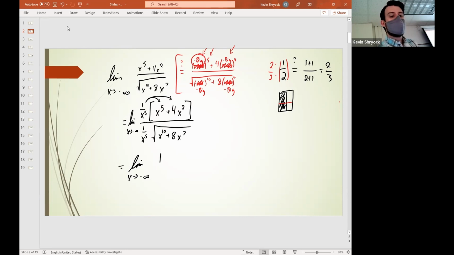Nice. 4x squared divided by x to the fifth, that's 2 x's, and I'm dividing it by 5 x's. So I can do a little thing off to the side. 2 x's divided by 5 x's. Do we agree we can cancel some of those out? All right, we'll cancel out these 2 and these 2. That leaves me with 1 and 3 x's on the bottom.